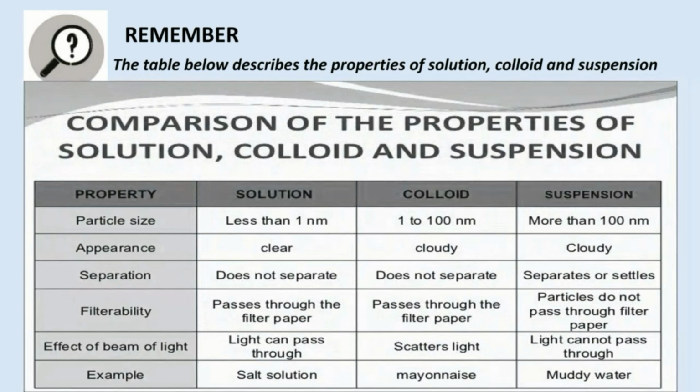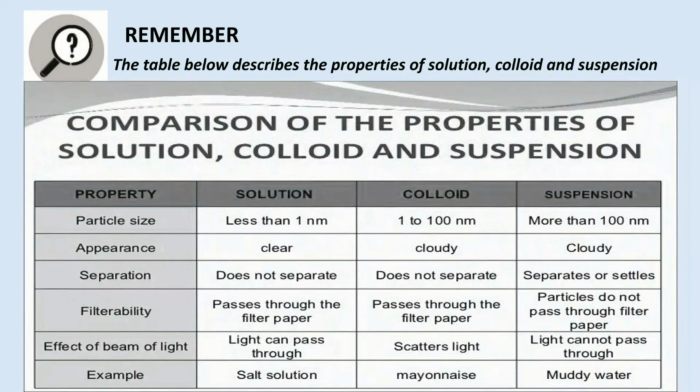For the property, we have here the particle size: solution, less than 1 nanometer; colloid, 1 to 100 nanometer; and for the suspension, more than 100 nanometer. And for the appearance, solution is clear, colloid is cloudy, and suspension is also cloudy.